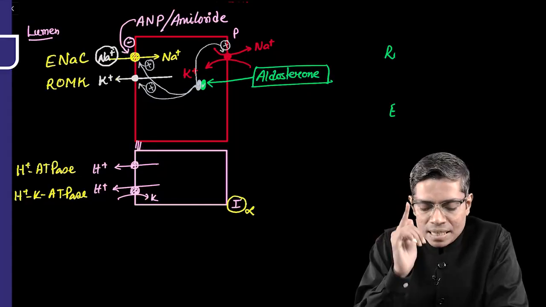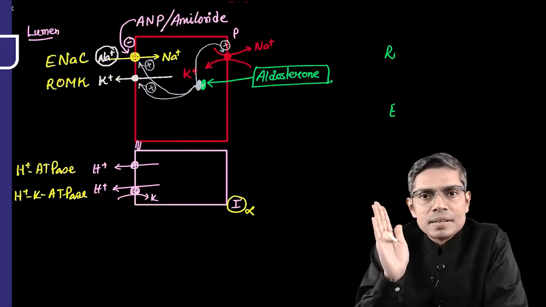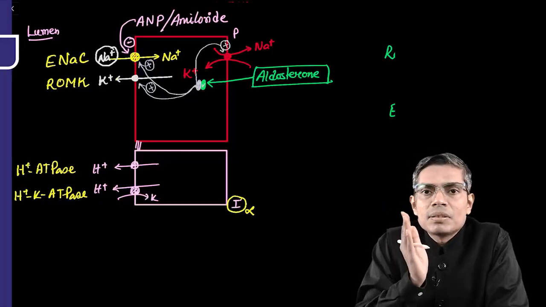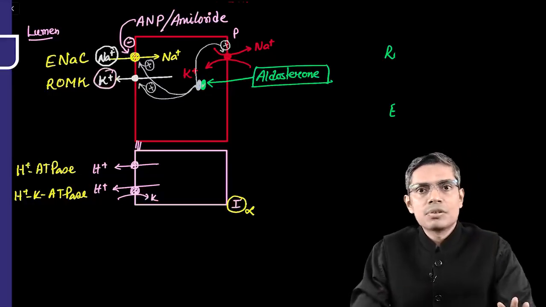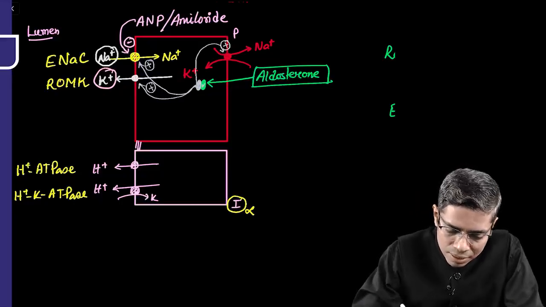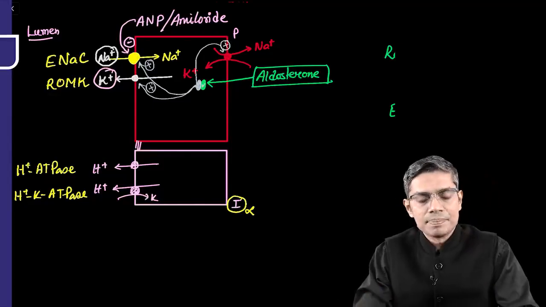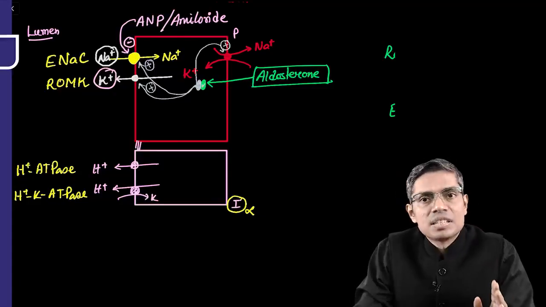Now you tell me, if you inhibit this ENaC channel, sodium reabsorption will be inhibited, so sodium will be excreted in the urine. What will happen to the potassium secretion in the urine? It is going to change. Whenever you inhibit this ENaC channel, although you are preventing sodium reabsorption, parallelly you are also inhibiting potassium secretion in the urine.